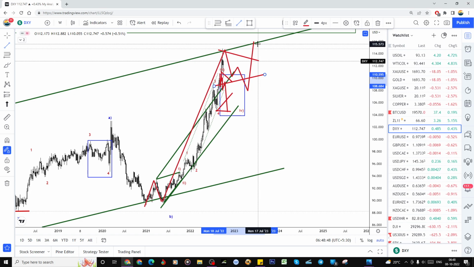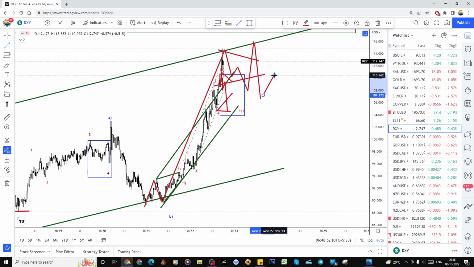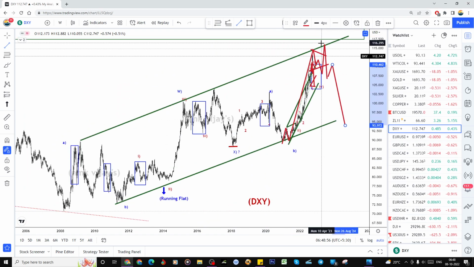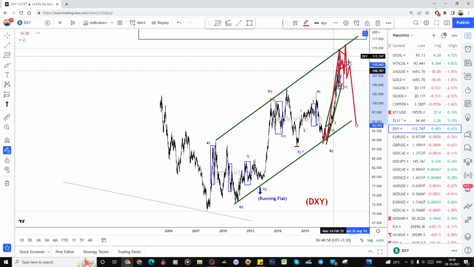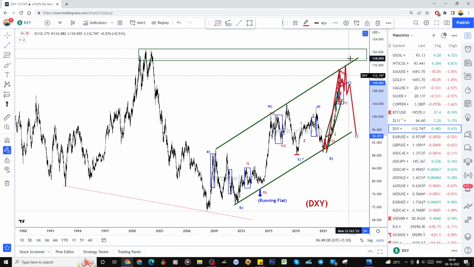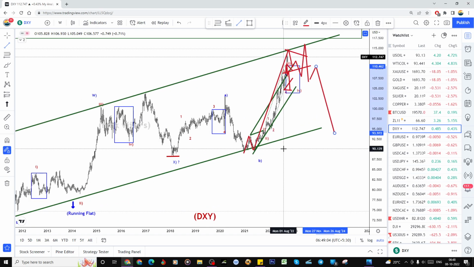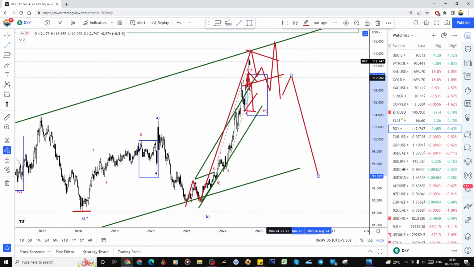After that, one more high in the new year, and after that I'm expecting only this. My target is 118 here, the next zone, but I'm not so sure about this.